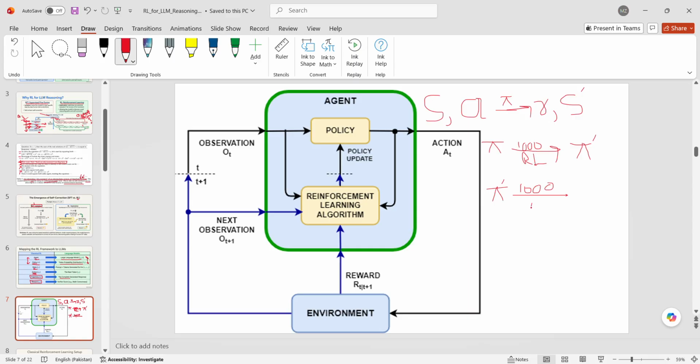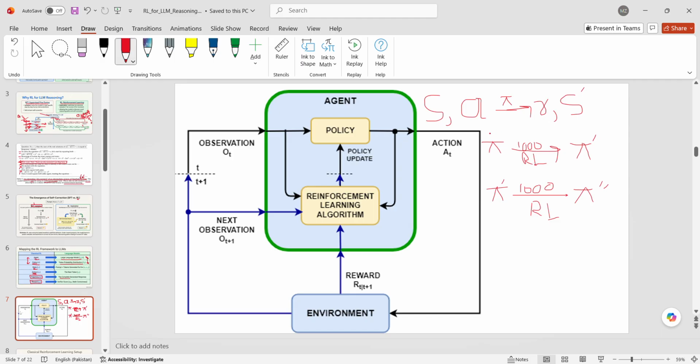Then again we stop the agent and improve the policy using the RL algorithm, and it is now going to output a further improved policy which is pi double dash. Now that I am saying that we stop the agent, it is not always true. There are some nitty gritty details to it, but for now you do not need to care about them.